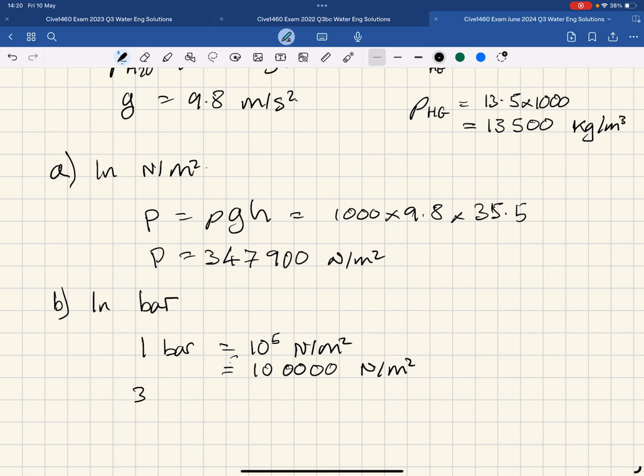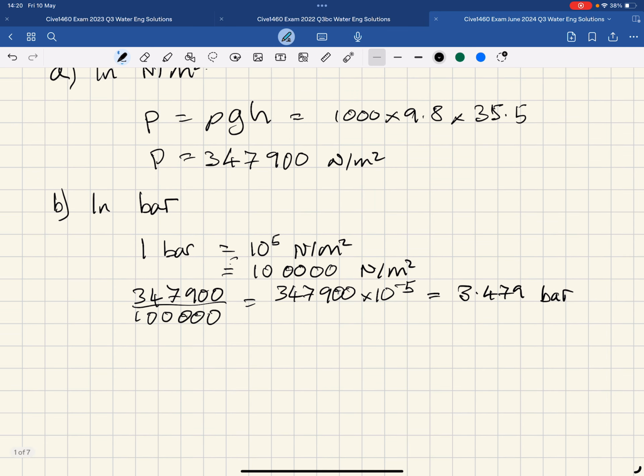So 347,900 divided by that, we could have written this as 347,900 times 10 to the minus 5, but this equals 3.479 bar.